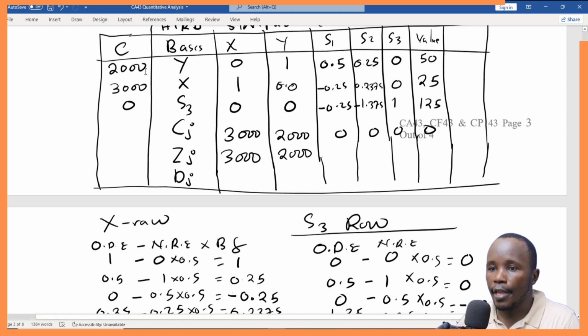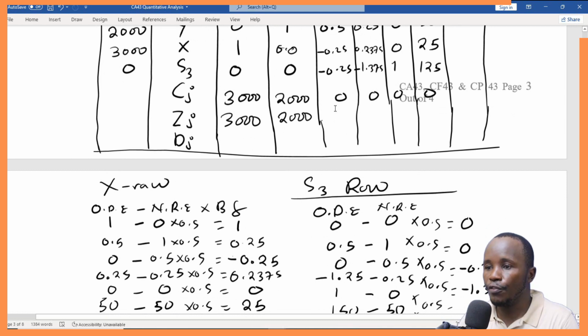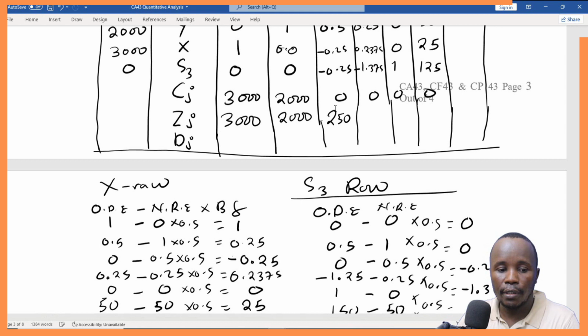Then here 2,000 times 0.5, 3,000 times negative 0. 0 times 2,000 times 0.5 is 1,000. Then you take 3,000 times negative 0.25. Here you end up with 250. This is 250.